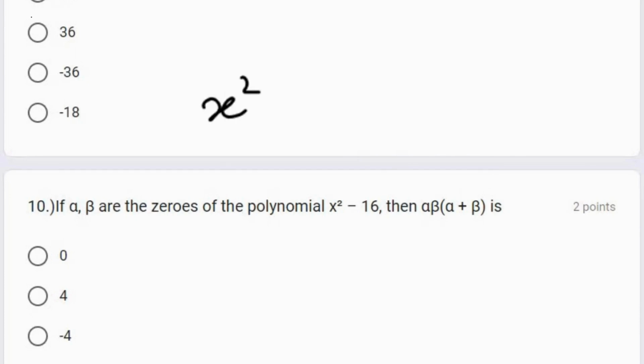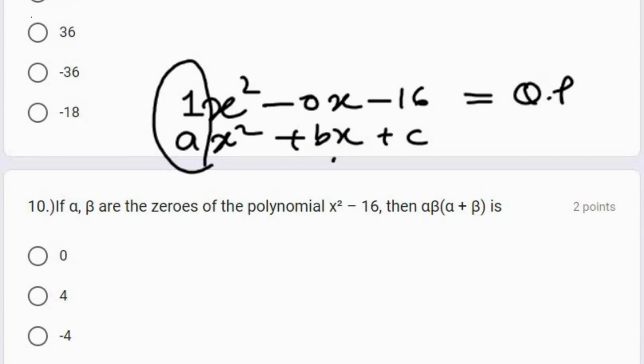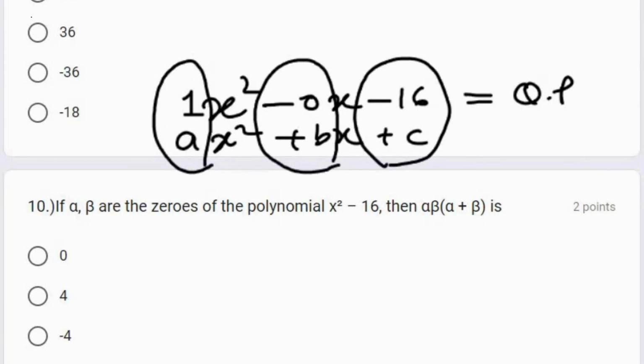So x term is missing because x coefficient must be 0. So 1x square minus 0x minus 16. So this is our quadratic polynomial, and you can just write the standard form ax square plus bx plus c equal to 0. Okay, so you can encircle like this and pick up the coefficients, and you know what is abc now. So a is 1, b is 0, c is negative 16.